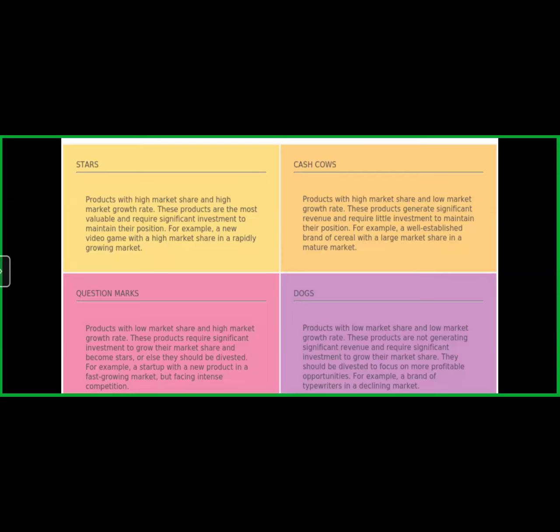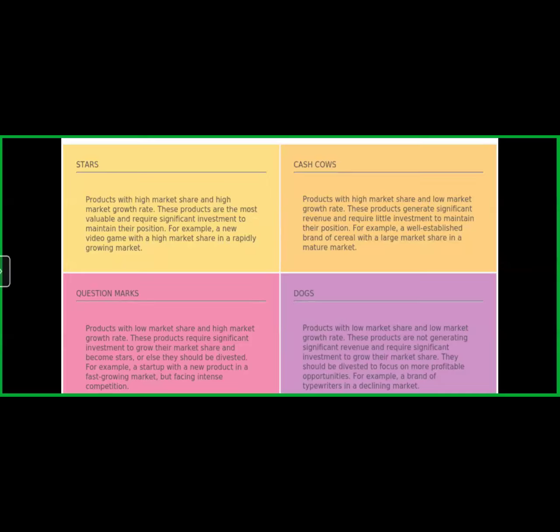Amul ice cream is there, LG air conditioners are there, Tata's electric vehicles, BYD's electric vehicles, or Hyundai electric vehicles are there. It is not only that these companies have analyzed the two parameters right now: the market share of that particular product, and whether the demand is going to increase in the years to come.